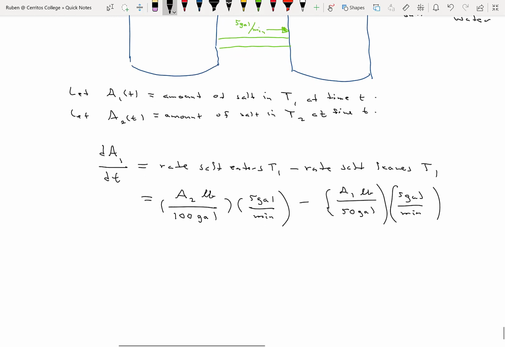Okay. Let's do the same thing for the rate of change of the amount of salt in tank 2. That should be the rate that salt enters T2 minus the rate salt leaves T2.